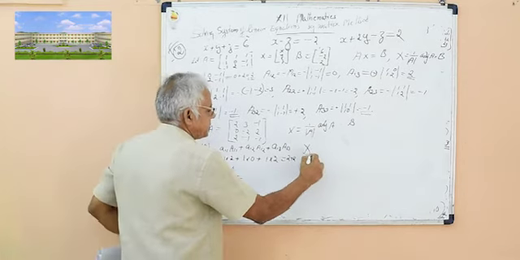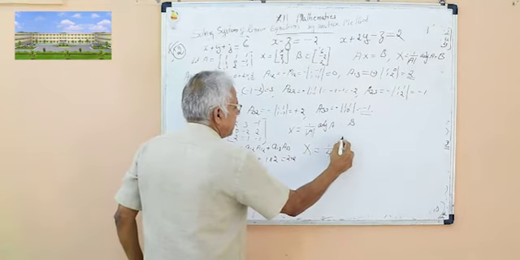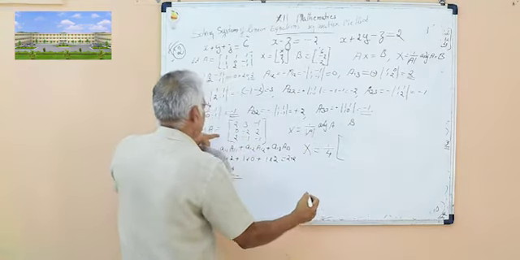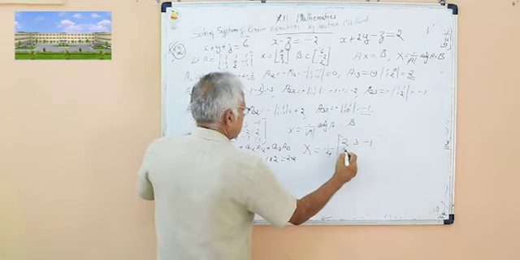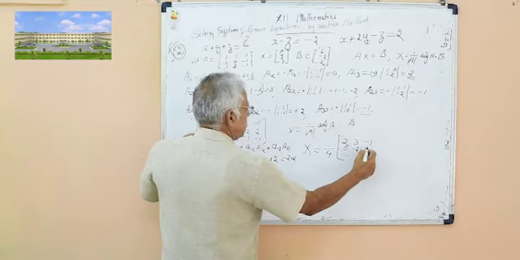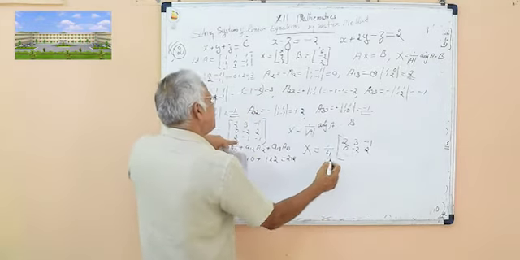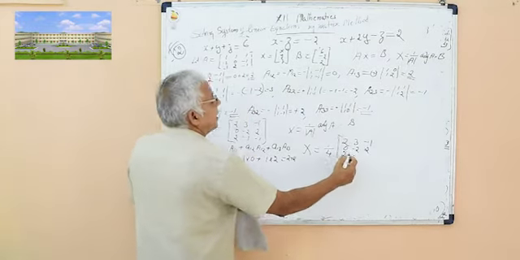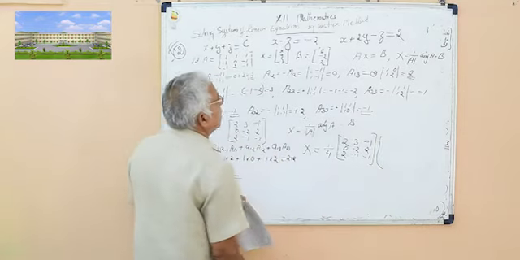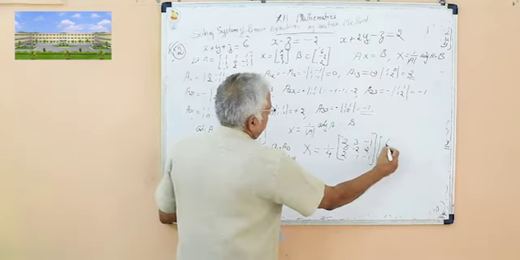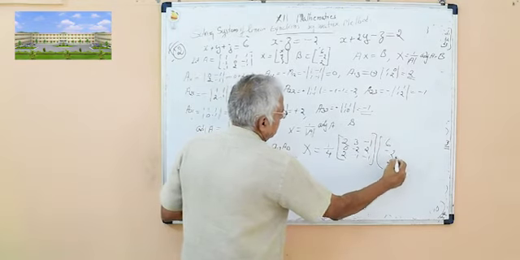Then substitute: X is equal to 1 by 4 into the adjoint 2, 3, minus 1, 0, minus 2, 2, 2, minus 1, into B. The right hand side column matrix is 6, minus 2, 2.